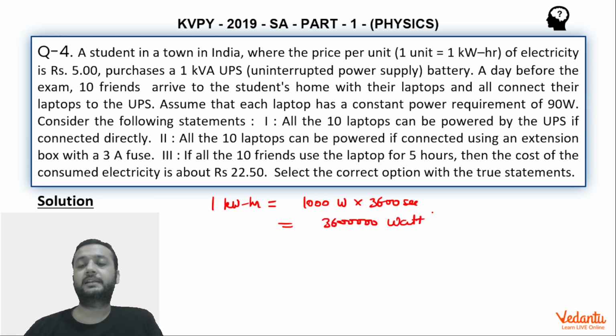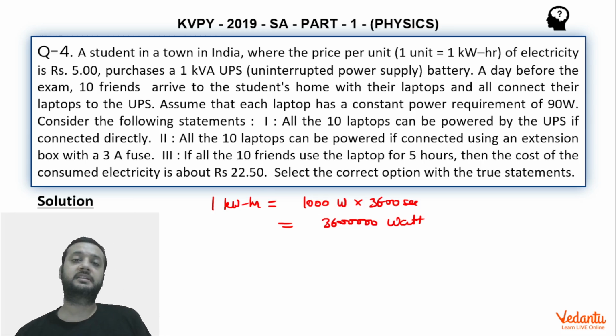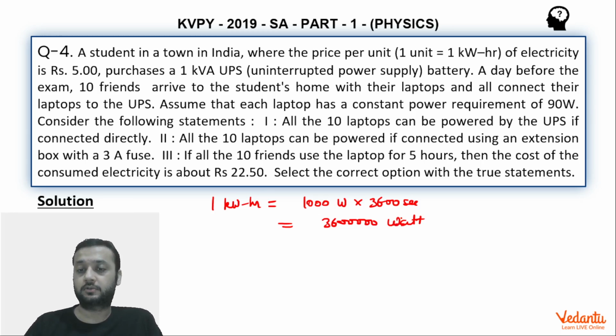Okay, so it's like when you consume 1 kilowatt for an hour, how much electricity would you have consumed? Sorry, this will be joules, not watt. So you would have consumed 36 lakh joules.